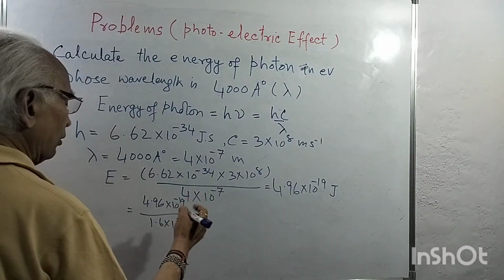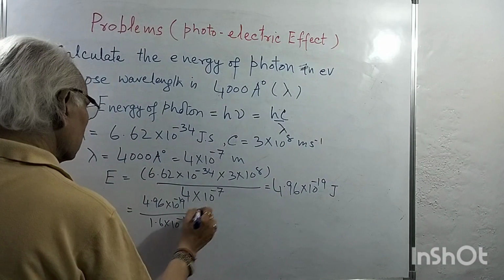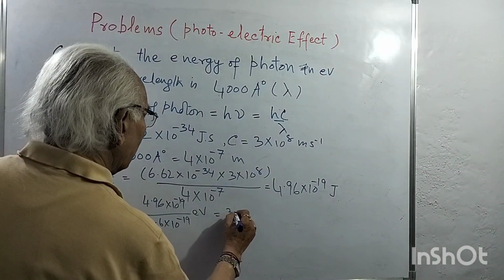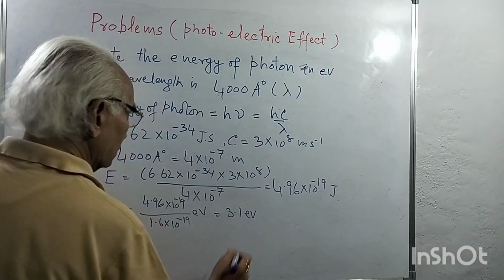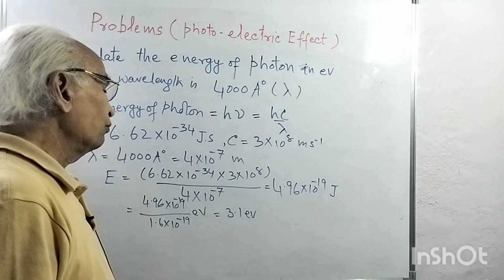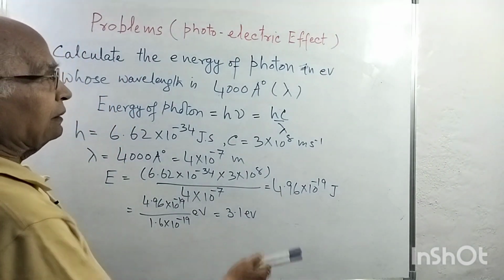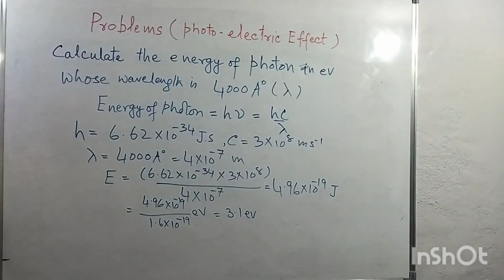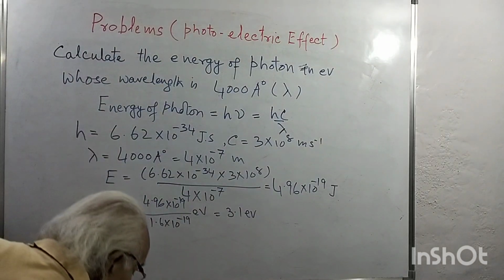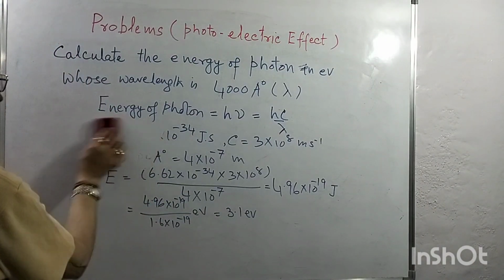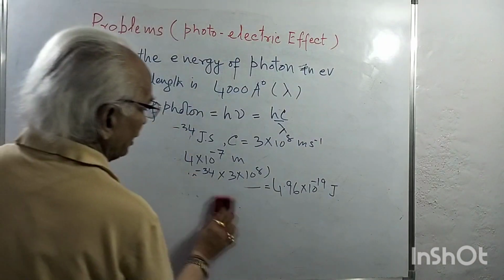So this will now be in eV. Obviously this will be 3.1 eV. So this is the energy of a photon whose wavelength is 4000 angstrom. Okay? So simple. Just substitute the values of constants h and c and lambda.